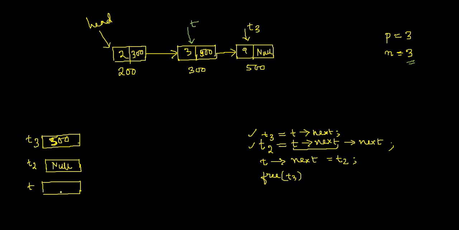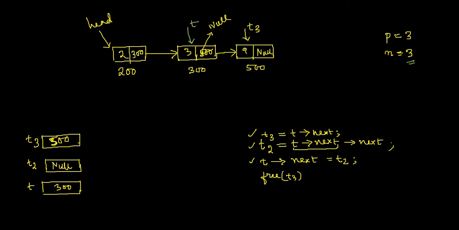And what is T? T is basically 300, right? Because T was pointing to this node. Now, after executing T next equal to T2, that means 300 next equal to T2. What is T2? T2 is null. So automatically this 500 will get replaced by null.